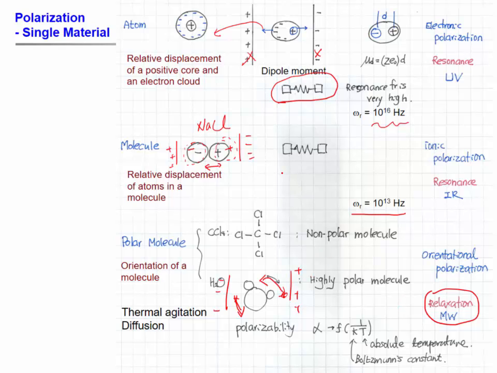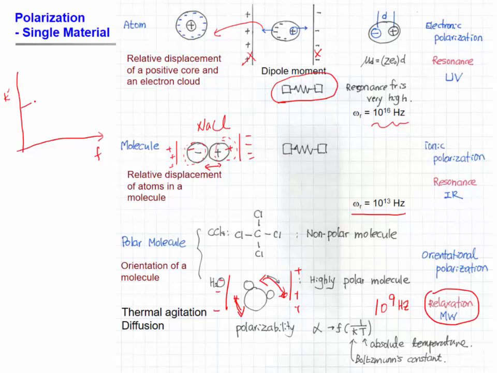And the frequency will be much less than that. So this frequency is around 10 to the 9 hertz, in the microwave frequency. So if we think about the resonant type of behavior, this is the frequency and the permittivity.